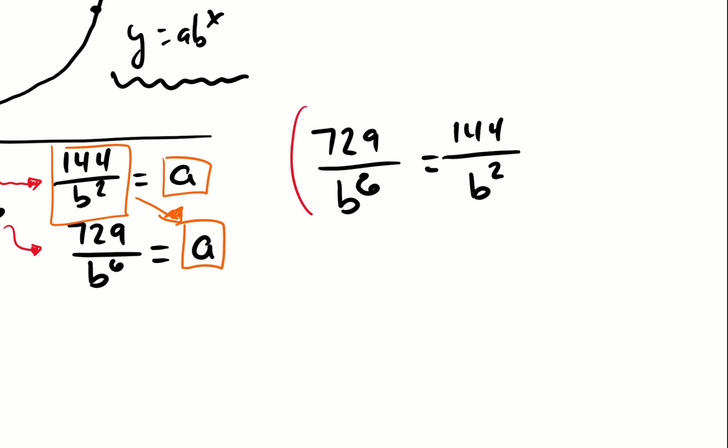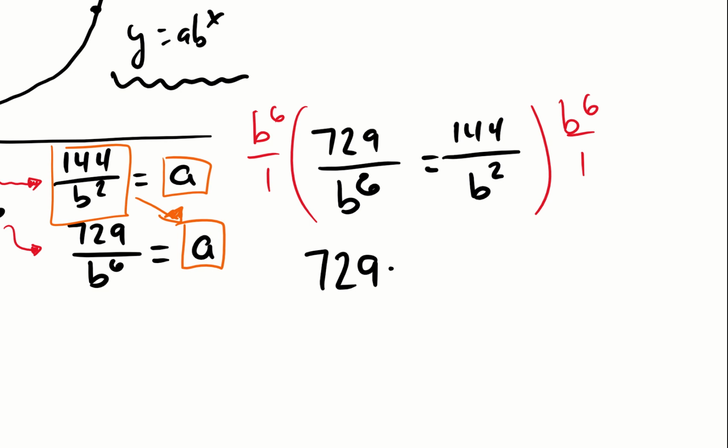I'm going to multiply both sides of this equation by b to the 6th power. I am showing it as b to the 6th power over 1, just so I'm sure that I understand that there's a numerator and a denominator. And I'm going to write it out all the way right here, 729 times b to the 6th power. That's what this brought in.